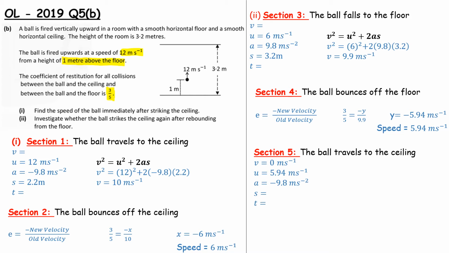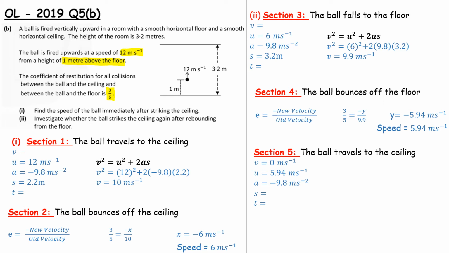So I'm going to set up my VUAST. And what I've actually done, and like I said, there are other methods to do it, is I'm going to see, well, when does the ball stop? And that will be its maximum height. And if the maximum height is less than 3.2, then it must stop before it hits the ceiling. If the maximum height is bigger than 3.2, it means that if the ceiling wasn't there, it would have continued on. But the ceiling is there, so it will have bounced off it. So there will be a strike on that ceiling.